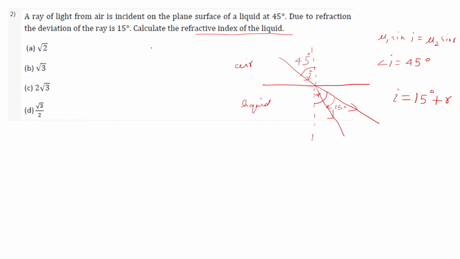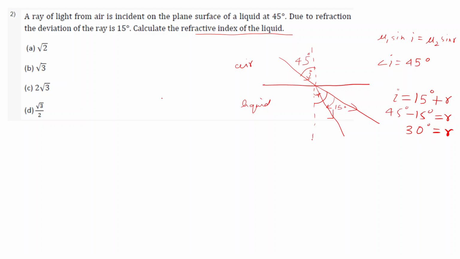Right? Calculate the refractive index of the liquid. Now the angle of incidence we know is 45 degrees. So 45 degrees minus 15 degrees is equal to the angle of refraction, that will be 30 degrees. So this is the angle of refraction.